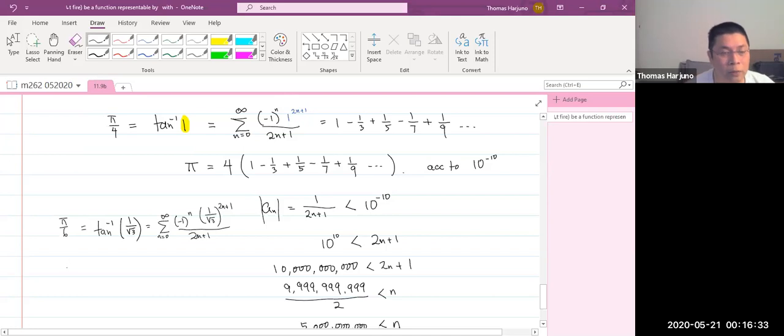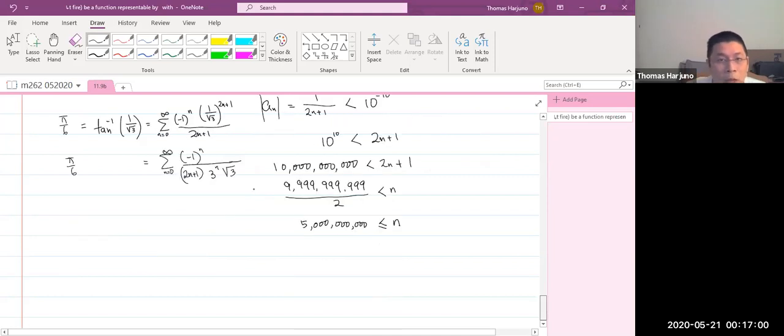So pi over 6 is equal to, let me simplify this a little bit, negative 1 to the n over 2n plus 1, and then that's 3 to the n, times the square root of 3. Then pi will be 6 times the following series.